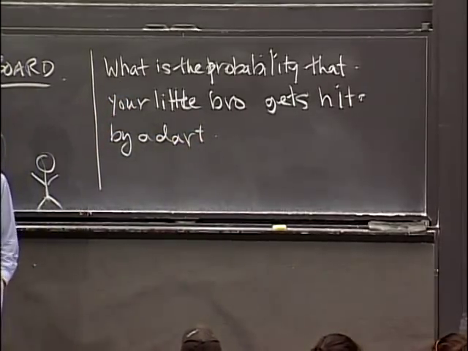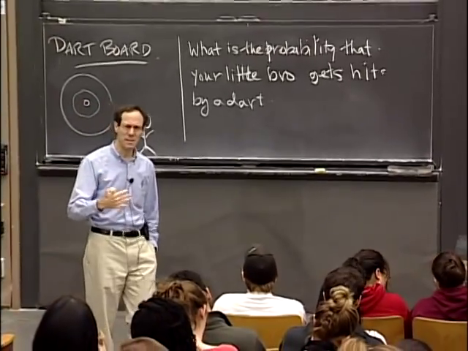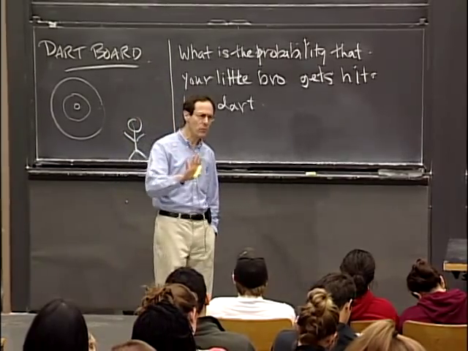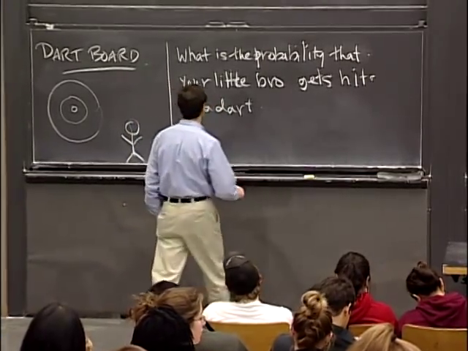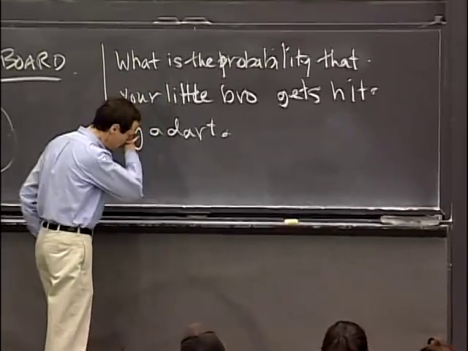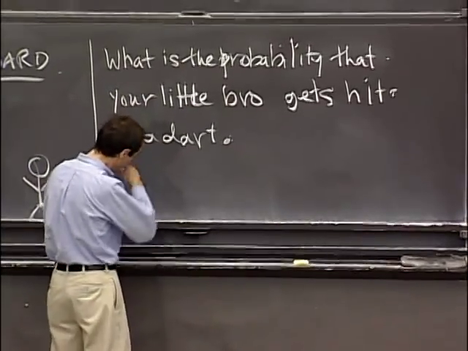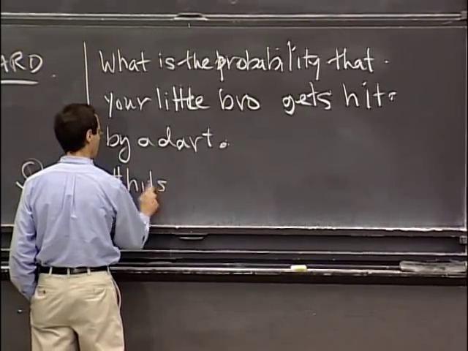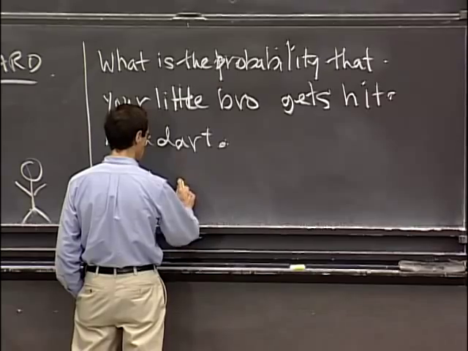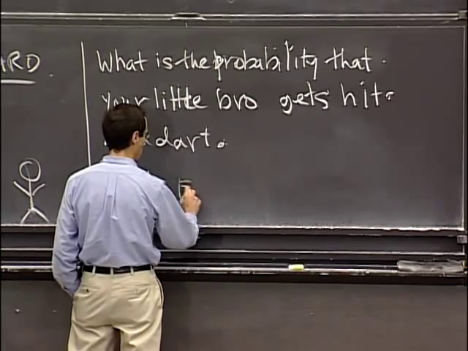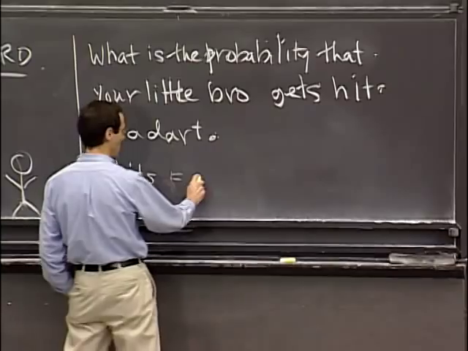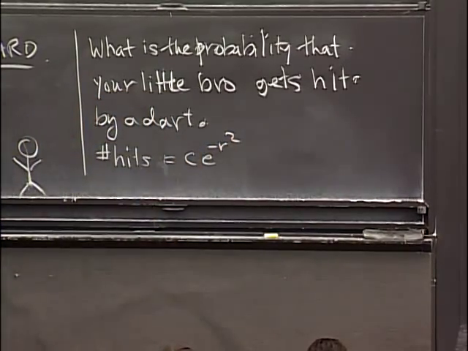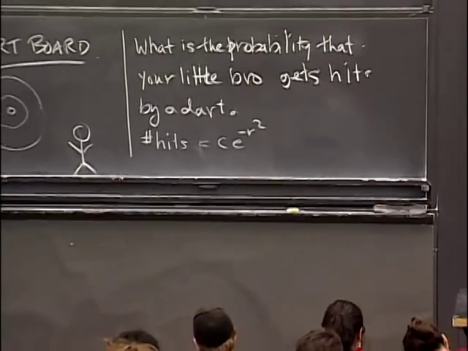Now, we have to put some assumptions into this problem in order to make it a math problem, and I'm going to try to make them pretty realistic. The first assumption is that the number of hits is proportional to some constant times e to the minus r squared.